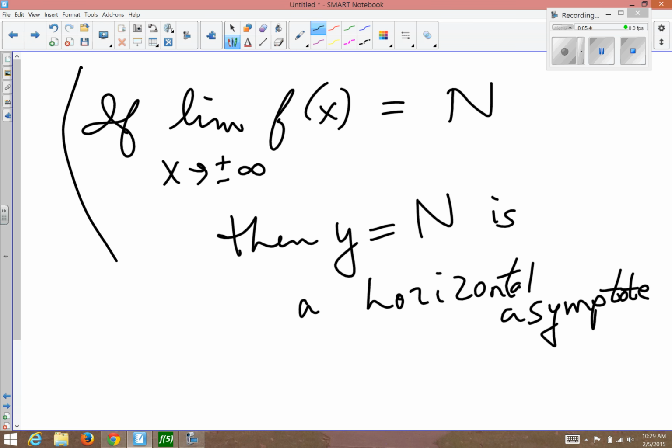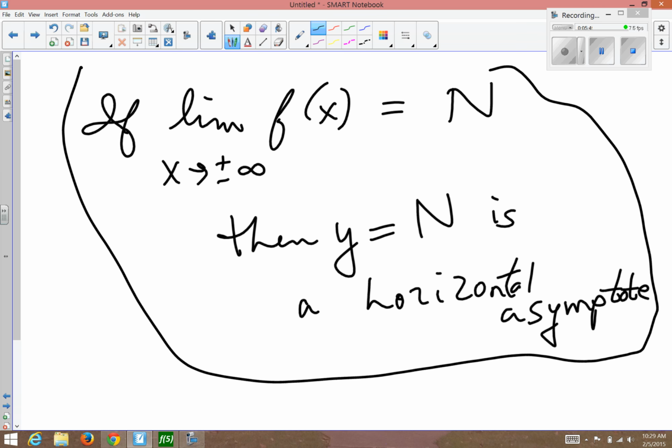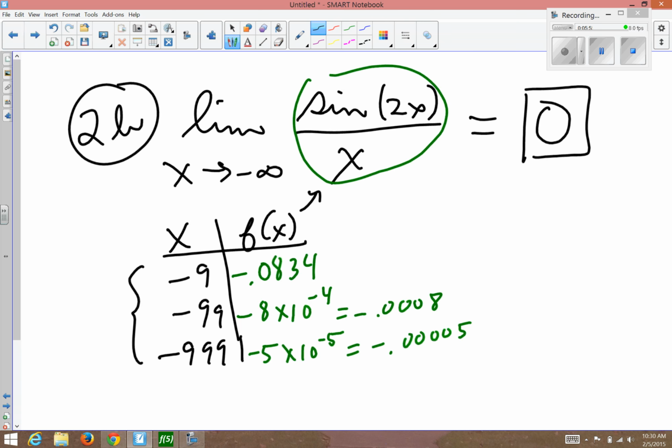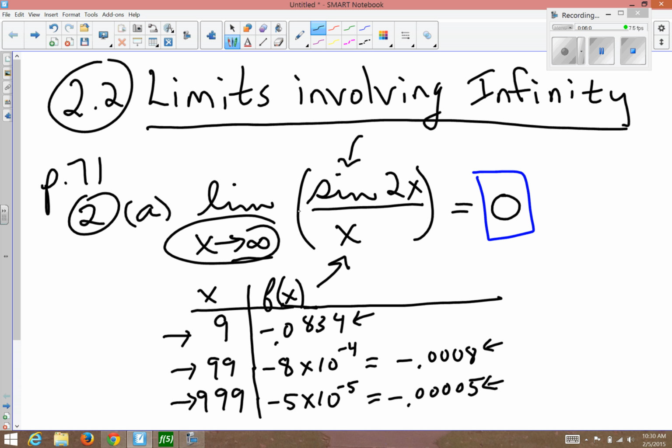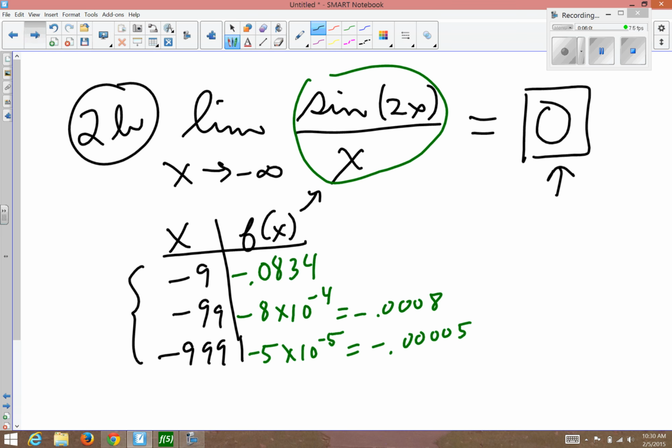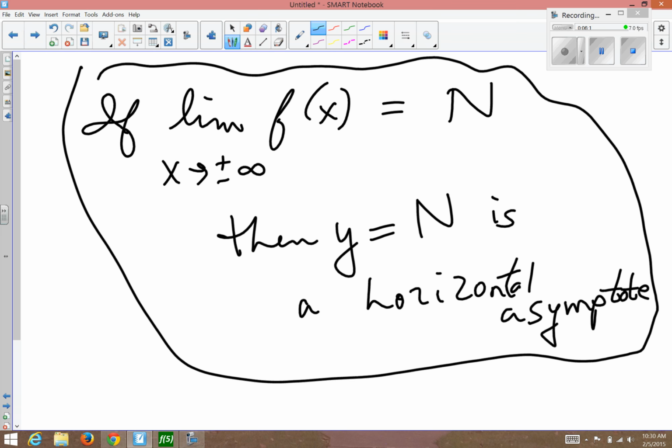This is actually the definition of horizontal asymptote. Since the limit of this function as x approaches negative infinity is this number, and the limit as x approaches infinity is this number, they happen to be the same number, then y equals this number is a horizontal asymptote.